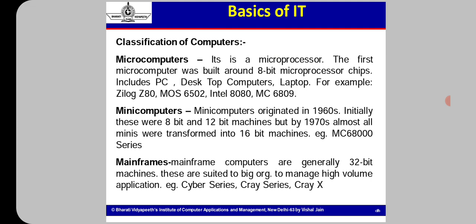Second one is based on their purpose, means general purpose computers and digital computers, analog computers, and hybrid computers. And third category is based on their usage, means desktop computers, mini computers, microcomputers, mainframes, supercomputers, like that.